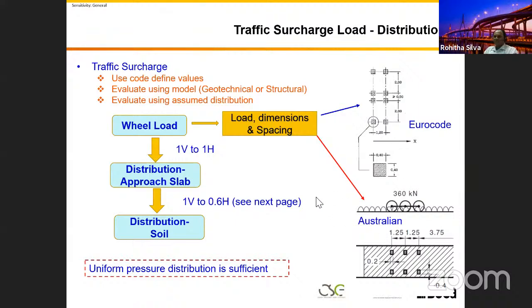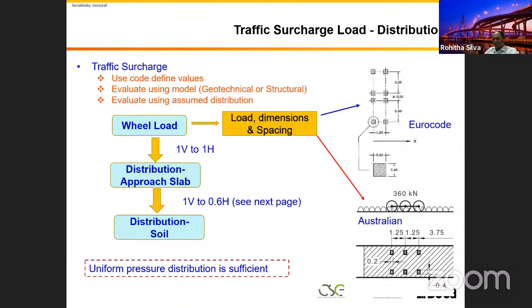If you're designing a rail bridge, you need to have this approach. You can get the distribution within the concrete at 1 to 1, and within the soil at 1 vertical to 0.6 horizontal. Then you can calculate the pressure distribution and get the vertical pressure distribution.